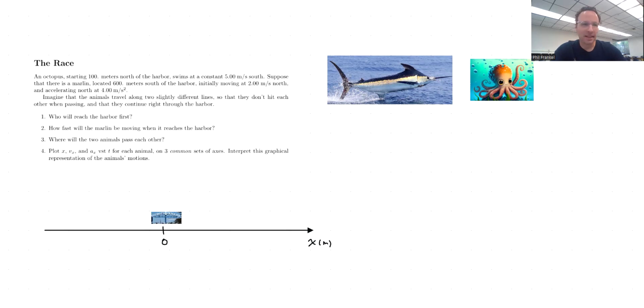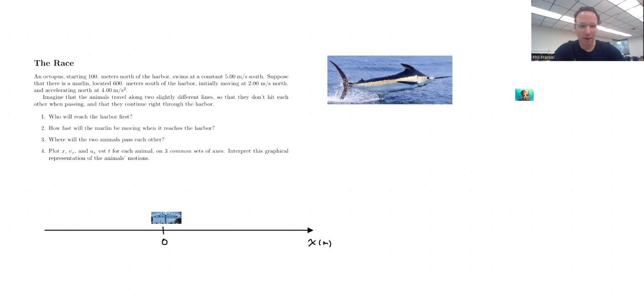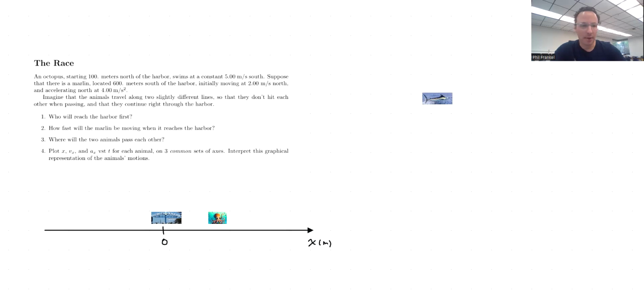And it says that the octopus is 100 meters north of the harbor. Look at that cute little guy. I'll shrink him down. The octopus is located 100 meters north of the harbor, let's say over there. And the marlin is located 600 meters south of the harbor. So the marlin's significantly further away than the octopus to start.